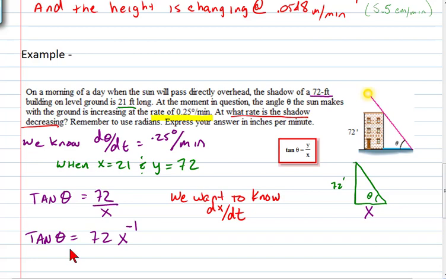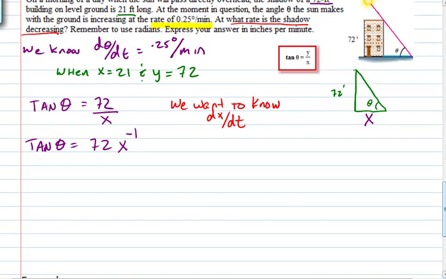So that means we're going to have to take the derivative of this equation with respect to time. Can we do that? Okay, so the derivative of tangent is... I just had a stroke of genius.